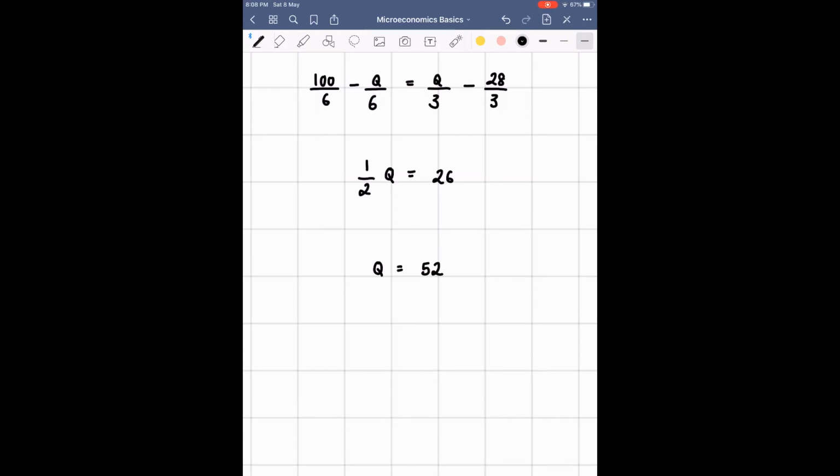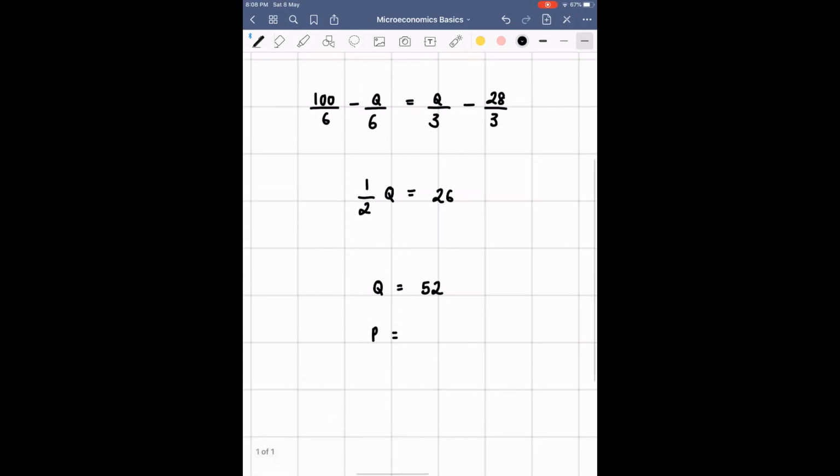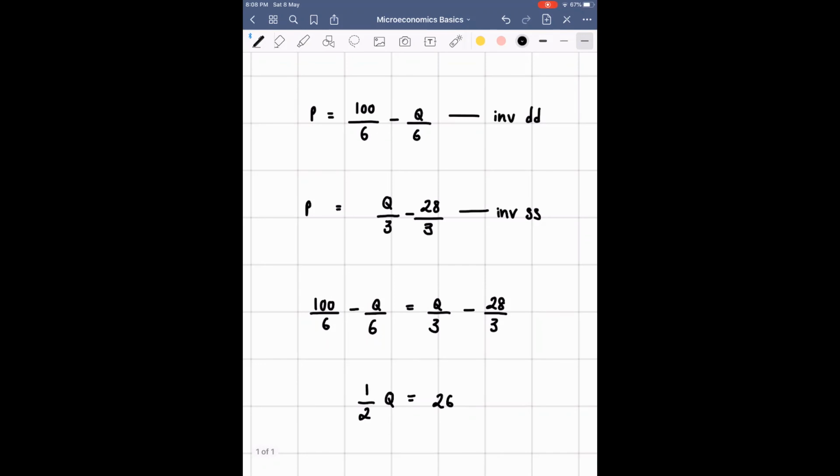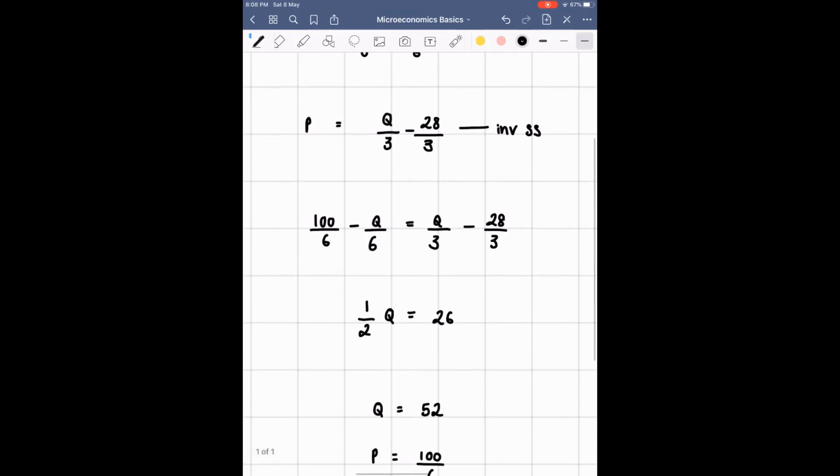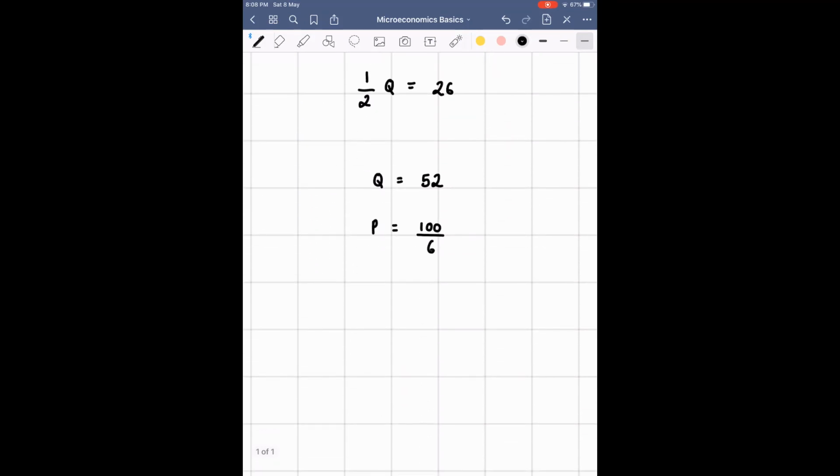Now that we have obtained the value of Q, let us solve for the value of P. Let us just substitute the value of Q into the inverse demand function. So I'm going to get 100 divided by 6 minus 52 divided by 6, and that is going to give me 8.